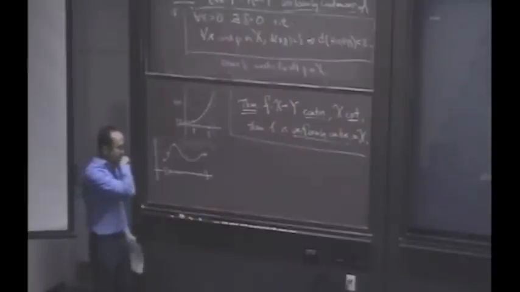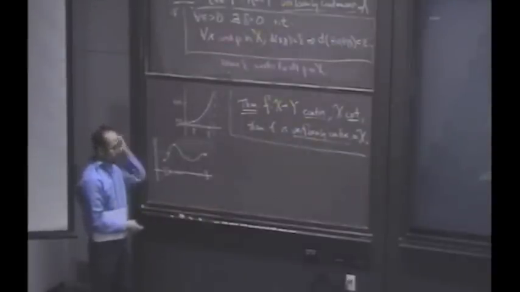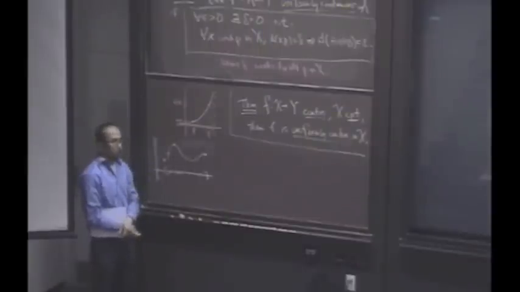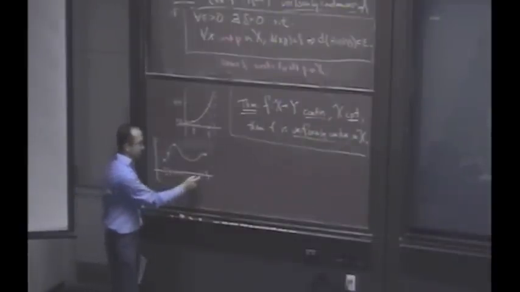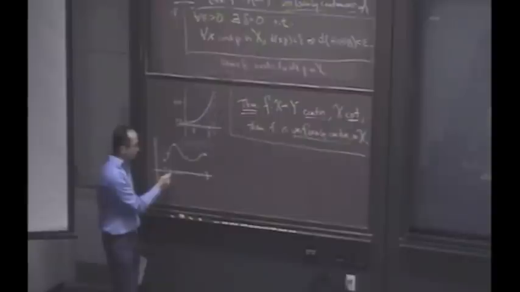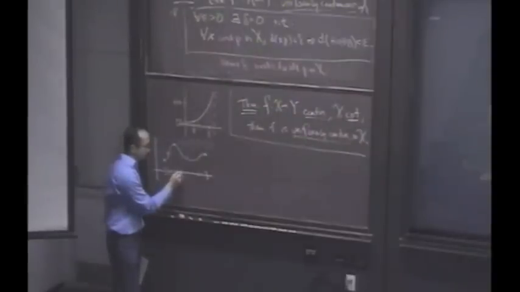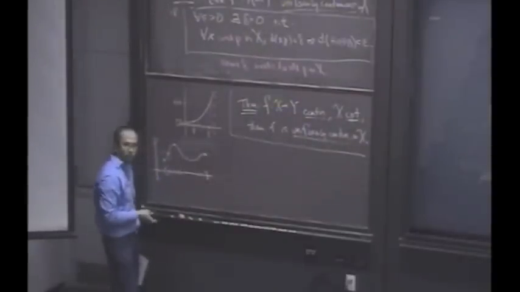So the function achieves both its maximum and its minimum. This function, okay, I agree. So this function's continuous. Is that going to be helpful to us? It achieves its maximum and minimum. I'm actually interested in how big these delta balls are. How do I know these are not going to get smaller and smaller and smaller somewhere, Willie?